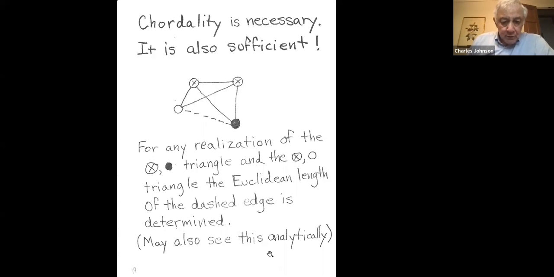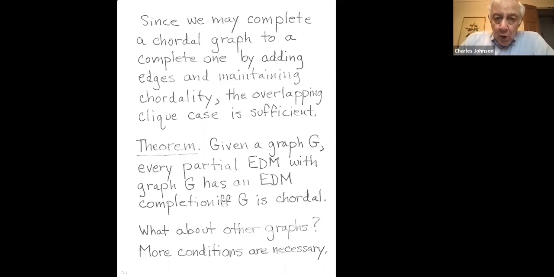So there are several ways to prove this, actually. Another way is the transformation to the positive definite case. Okay, so recall then that we can complete any chordal graph to a complete graph by adding edges and maintaining chordality. So the overlapping clique case is sufficient because each time I'll have a one variable problem.